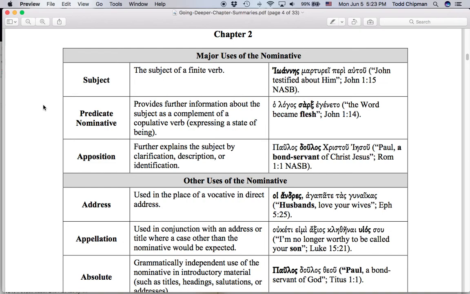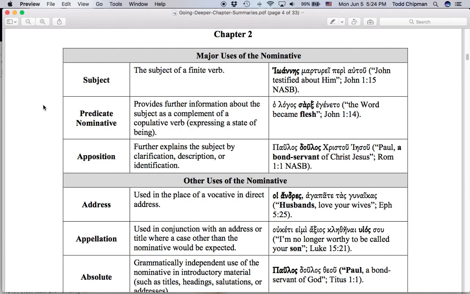And here the martyrei, historical present, translated with a past time idea. John testified concerning him. Very basic. Can be a proper name as the subject, could be a pronoun as the subject, or just a noun as the subject, as the textbook notes on page 53.